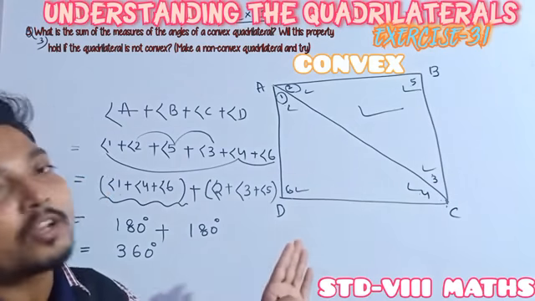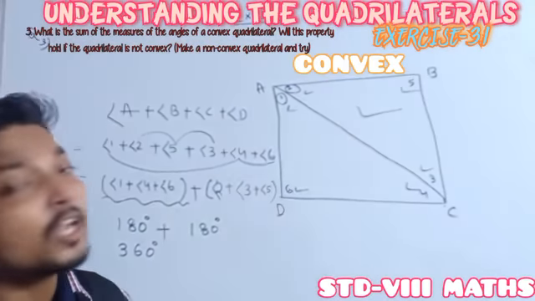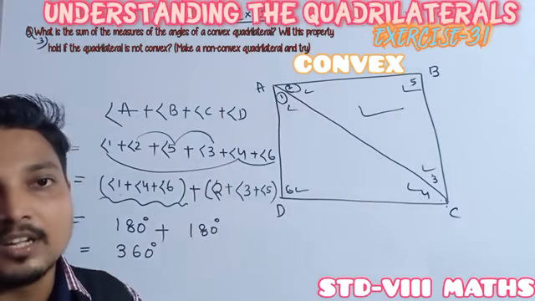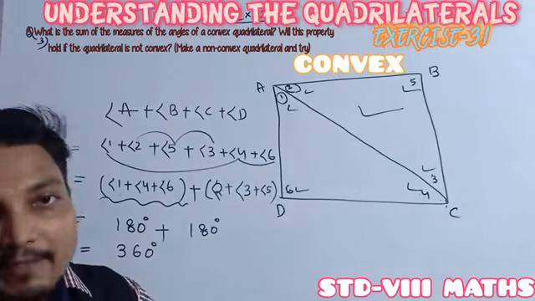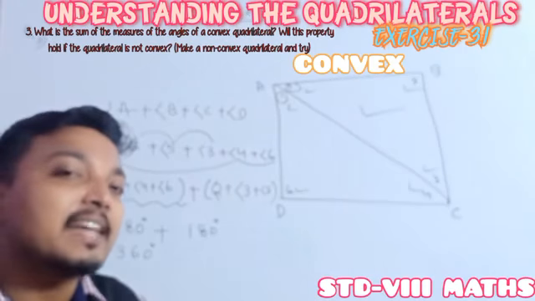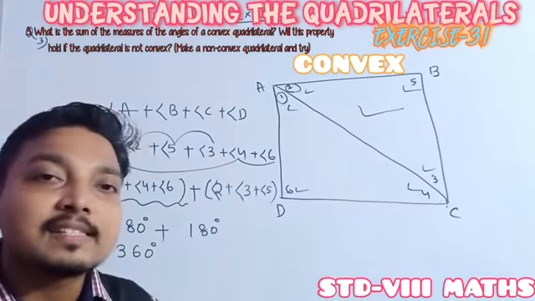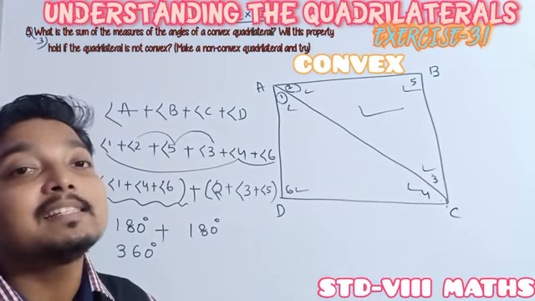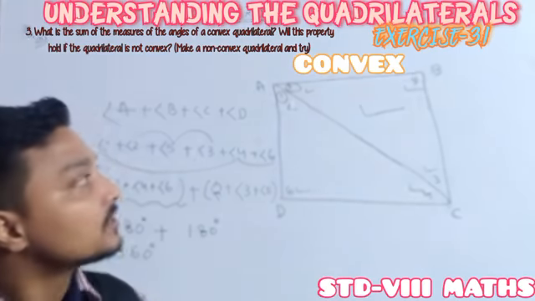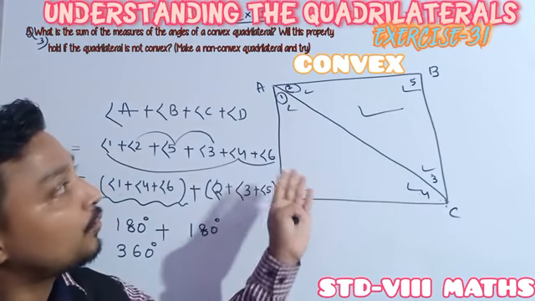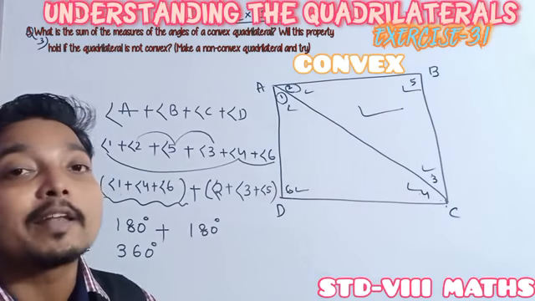Actually, non-convex quadrilateral means concave quadrilateral. Non-convex means concave; its opposite of convex is concave. So for the concave quadrilateral, does the same thing hold, or does something different hold? Okay, so let's check by drawing the figure of the concave quadrilateral.